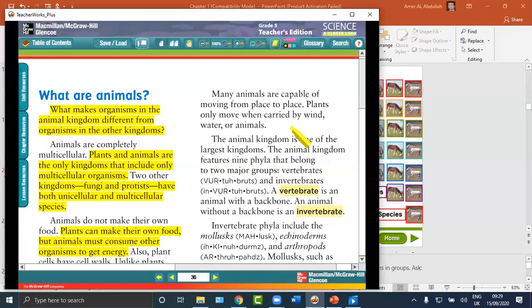Here there is freedom for some animals. Many animals are capable of moving from place to place because they have many different properties. Plants only move when carried by the wind. We know the wind carries the plants from place to place.